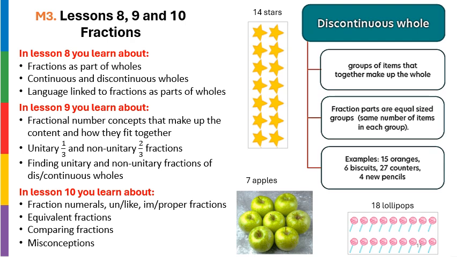Examples of discontinuous wholes: 15 oranges, 6 biscuits, 27 counters, or 4 new pencils. The pictures I have added, I have 14 stars, and the 14 stars together make up a discontinuous whole. 7 apples and then 18 lollipops.